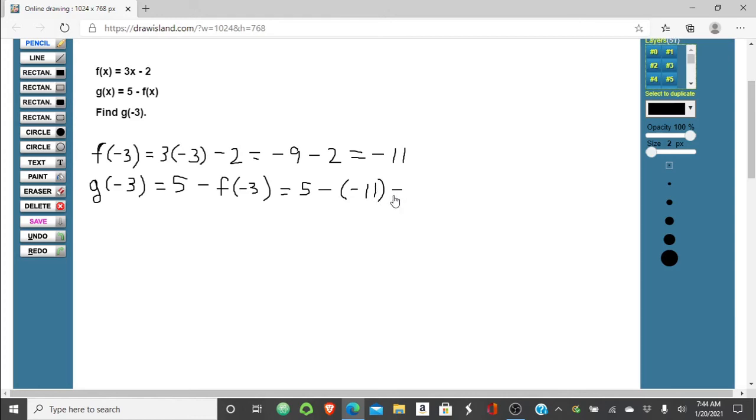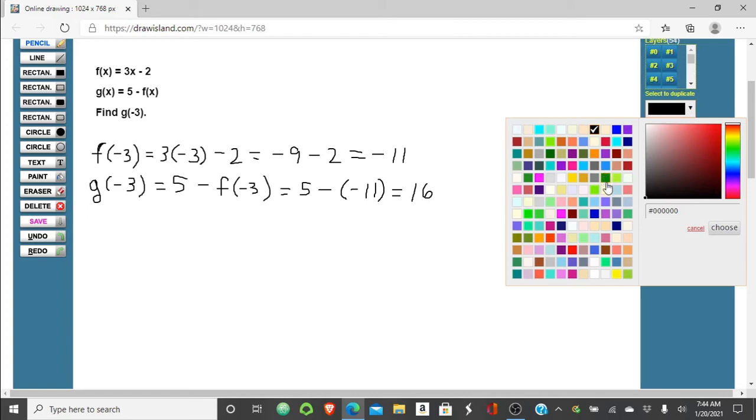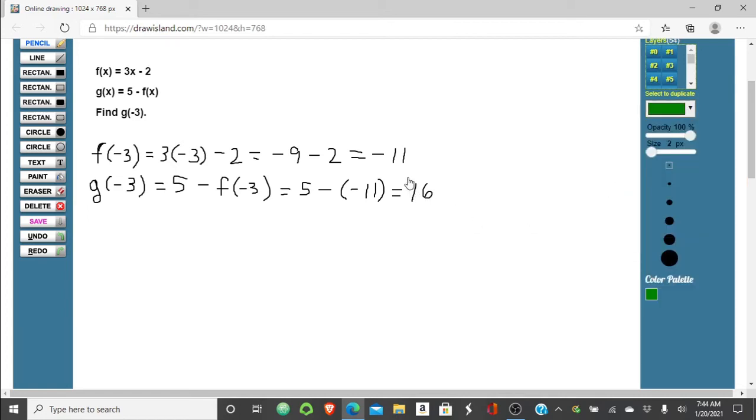So it's going to equal 16. Okay, so g of negative 3 equals 16.